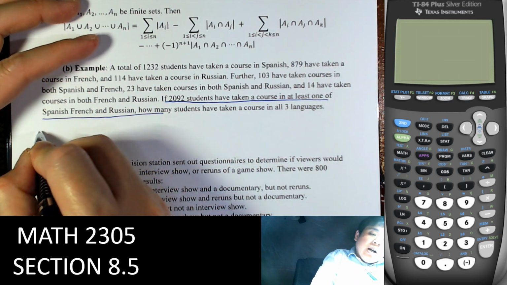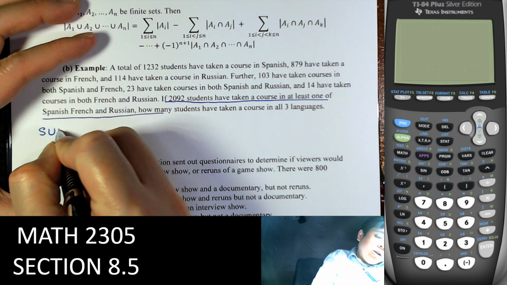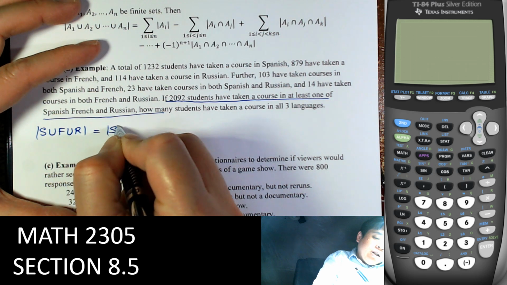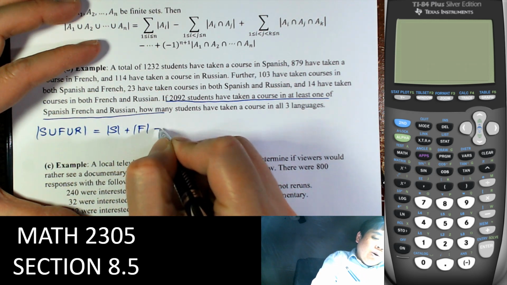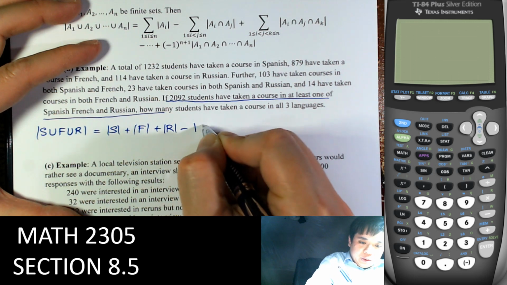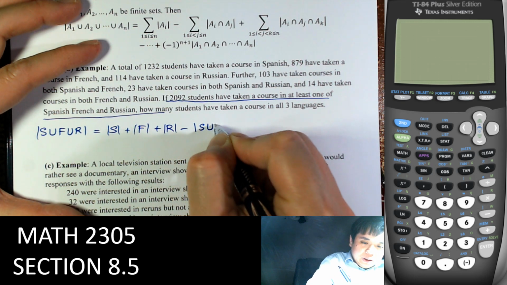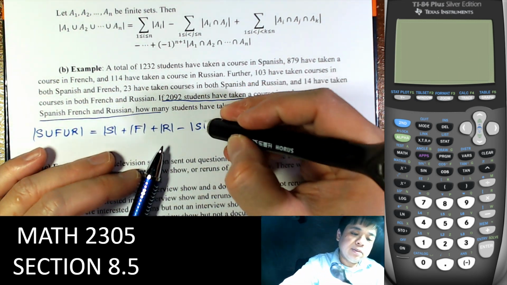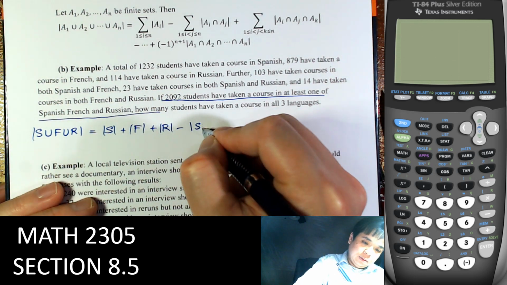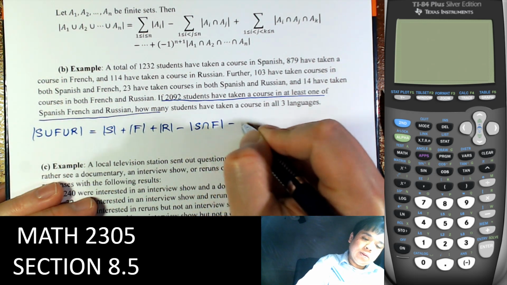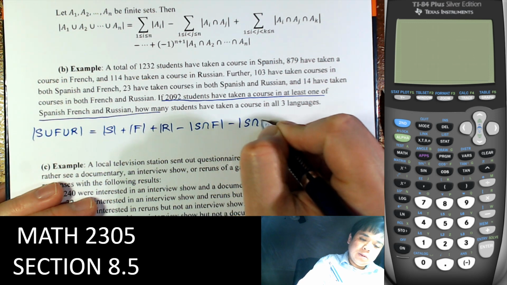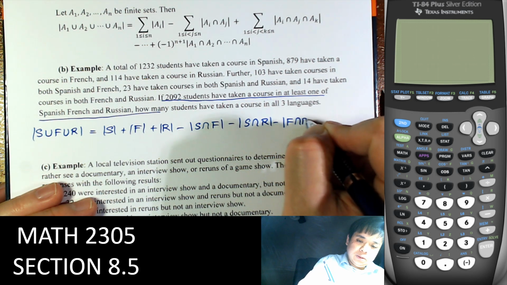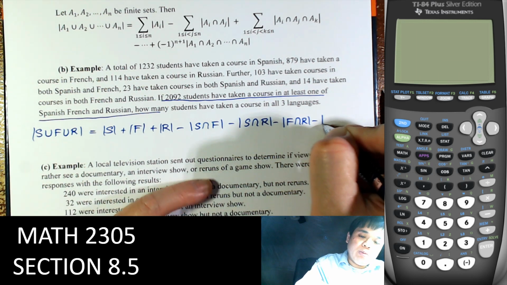So we said Spanish, French, or Russian, minus, now we have 2 at intersection, and minus the one that have all, plus the one that have all 3.